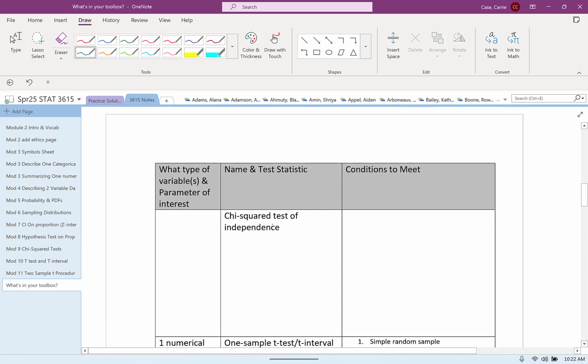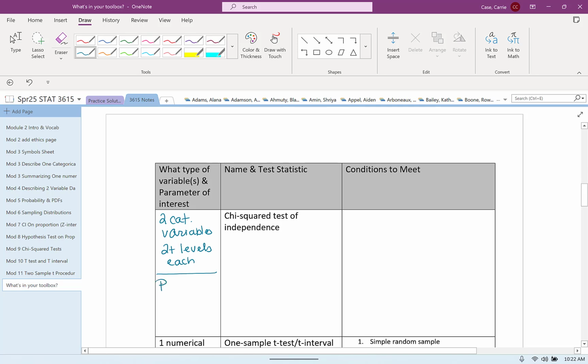All right, the next one we did was the chi-square test of independence. And the difference between the chi-square test of independence and the chi-square test of proportions is we have two categorical variables with 2 plus levels each. So each have to have 2 or more possible responses.